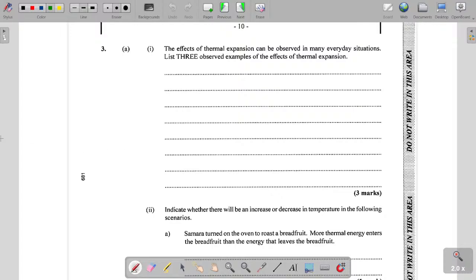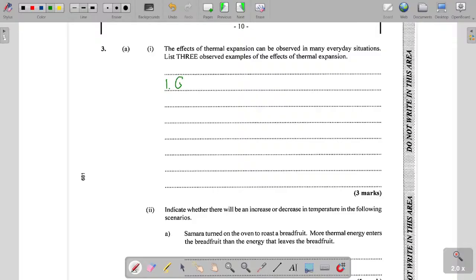Alright, so let's go. So number one example is the gaps that are left between railway tracks, right? That's one example of the effects of thermal expansion.